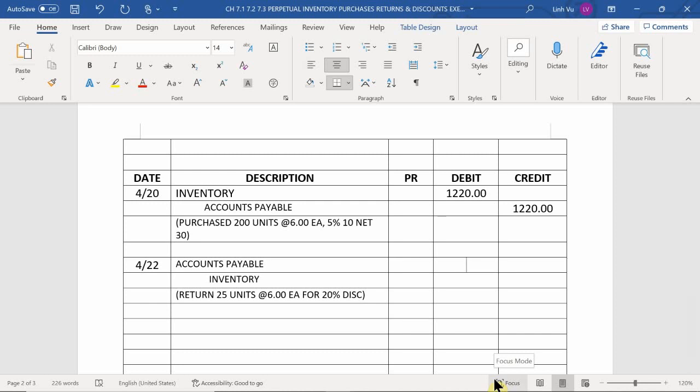In this case, every batch that we purchase, and every batch that we return or get an allowance for, is typically from the previous inventory that we just purchased. So my last batch that I bought on the 20th, how much did it cost me per unit? $6.